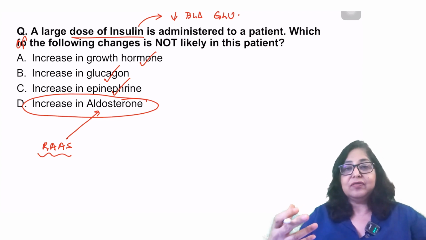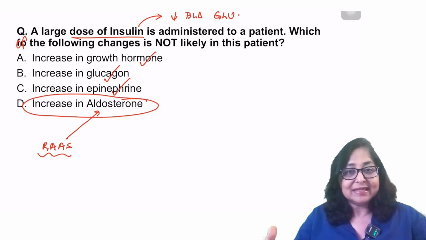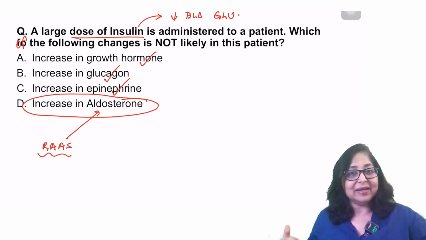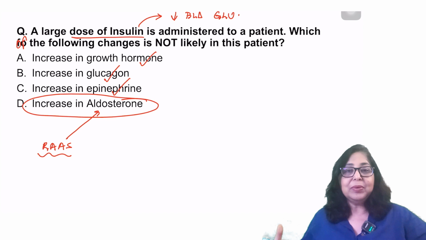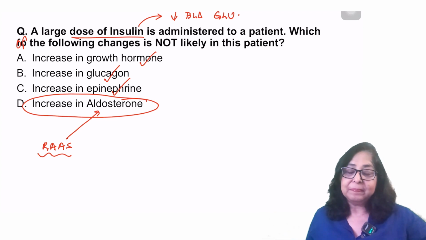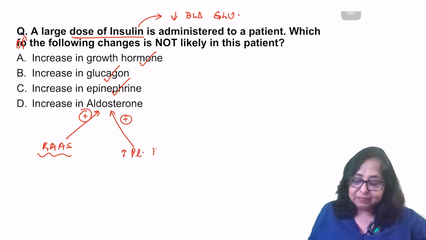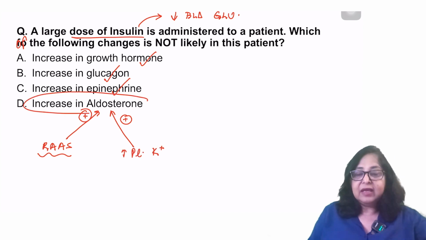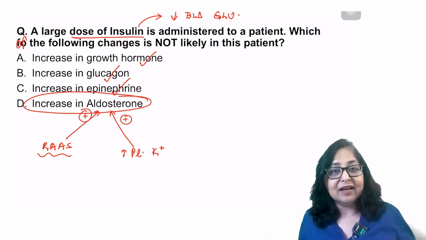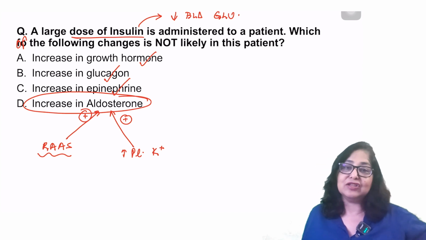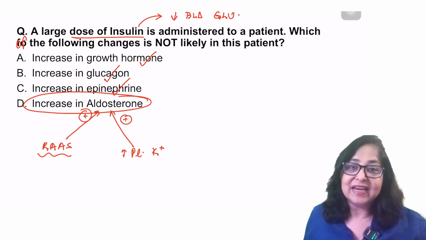Renin will increase the levels of angiotensin 1, and then angiotensin 1 gets converted to angiotensin 2, which increases aldosterone. Aldosterone can also be increased if there is an increase in the plasma potassium levels. These are the two stimuli for increasing aldosterone. Hypoglycemia does not cause an increase in aldosterone.